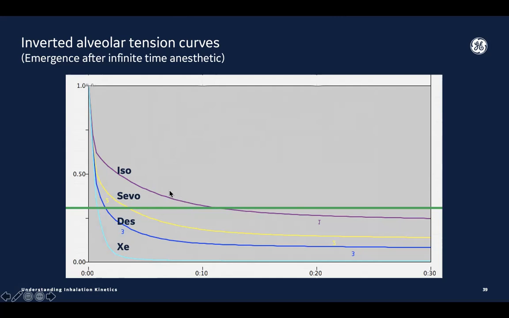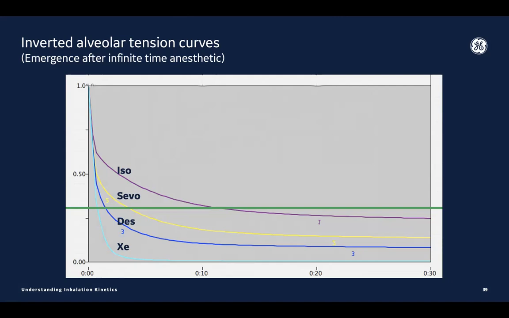Isoflurane takes about 12 minutes, sevoflurane about 4 minutes, desflurane about 3 minutes, and xenon would be about 2 minutes. This is getting down to 33%. It's about the time that the patient will open his or her eyes.